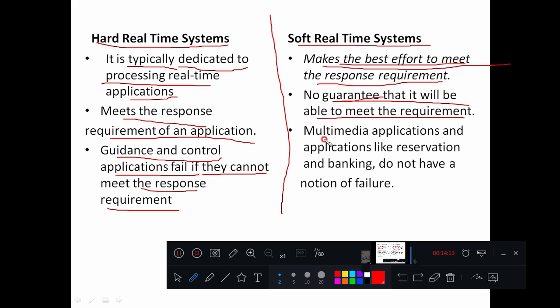In soft real-time systems, multimedia applications and applications like reservation and banking do not have a notion of failure, right? Let us say you are talking on WhatsApp, you made a video call and you are talking to your friend.